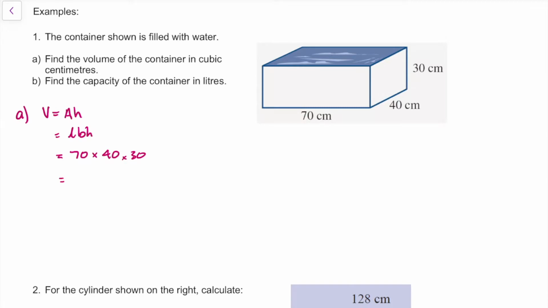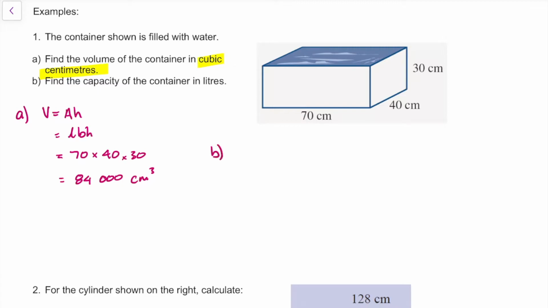So there's some mental strategies that we can be using here as well. We need to get to 84,000 centimeters cubed because we want, as we said before, cubic centimeters, because again we're looking at volume and using volume to get us across to capacity.